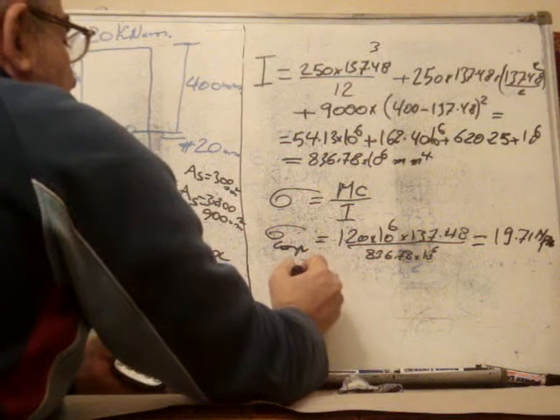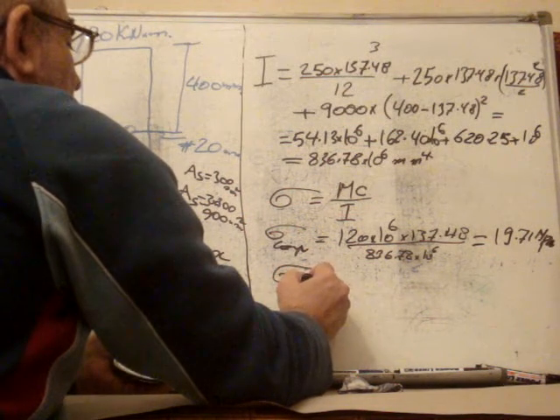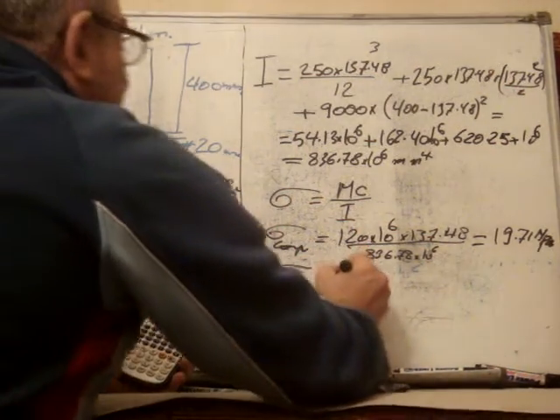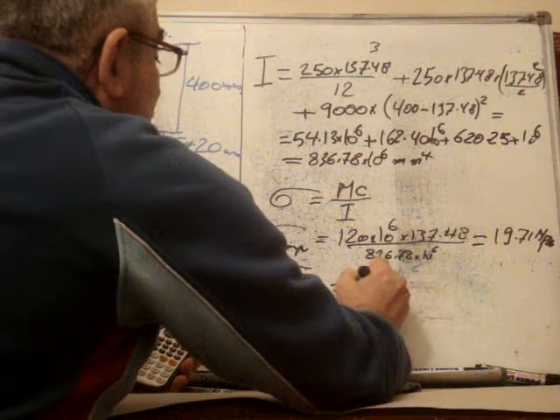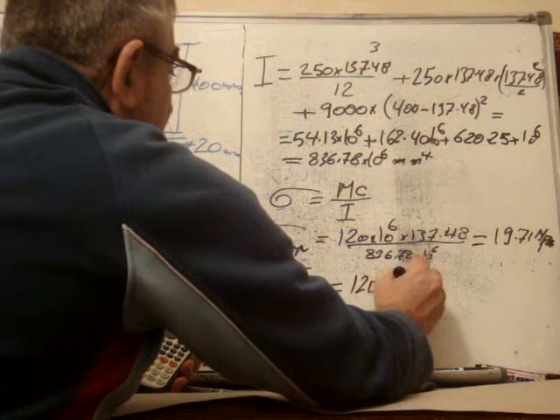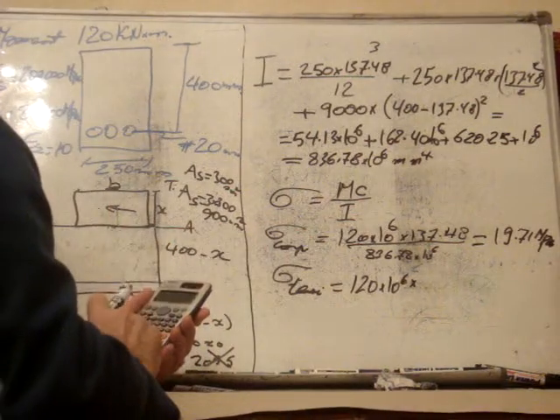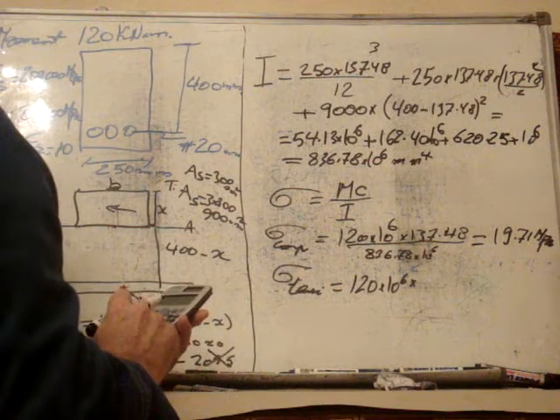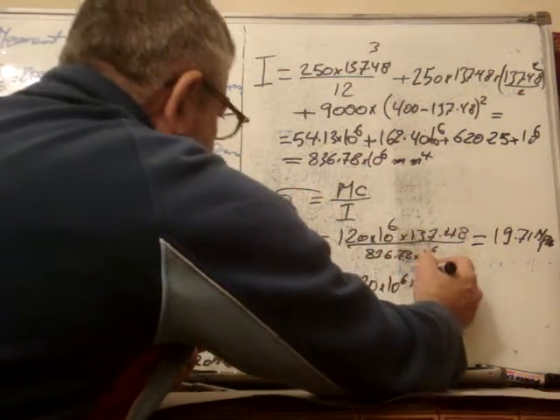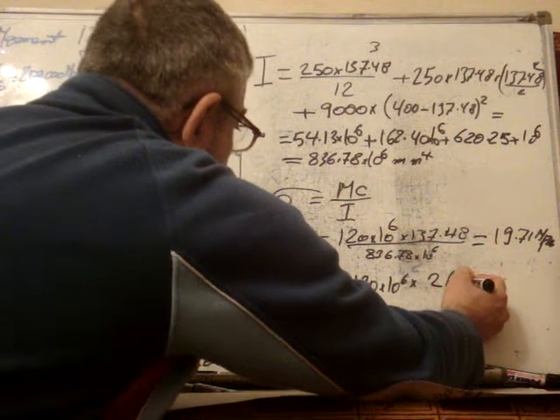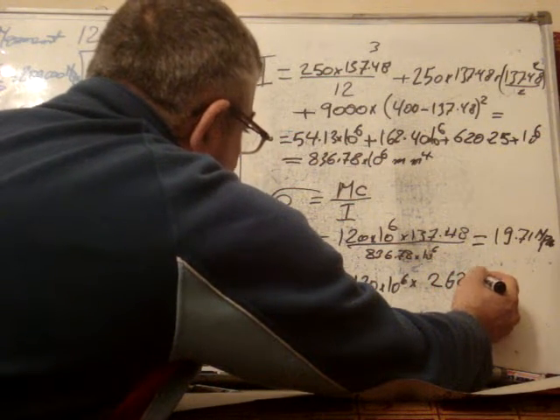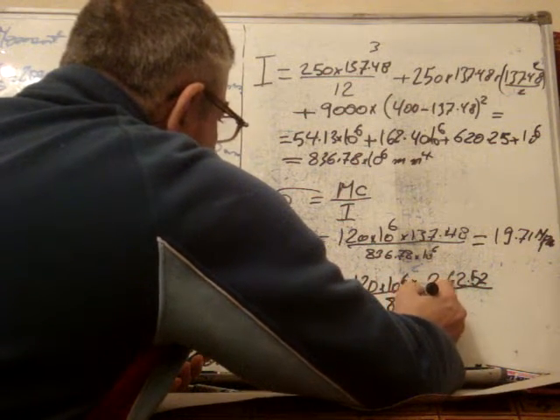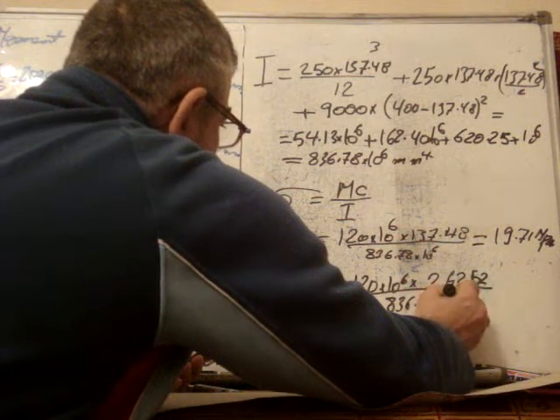Now the stress on the tension zone, also for the concrete, because we already transferred both of them to concrete, will be equal to 120 times million times 400 minus 137.48. That means it will be equal to 262.58, divided by 836.78 million.